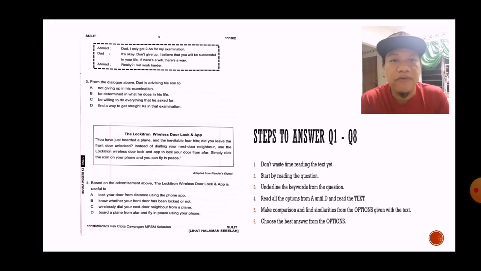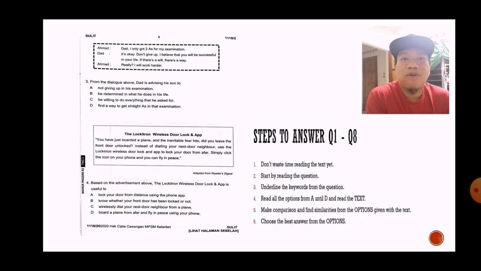Read again. If you are confused, try to read again. Remember, find the synonym for if there's a will, there's a way. Di mana ada kemahuan, di situ ada, bukan highway, di situ ada jalan. Okay, so A, B, C and D. Which one?